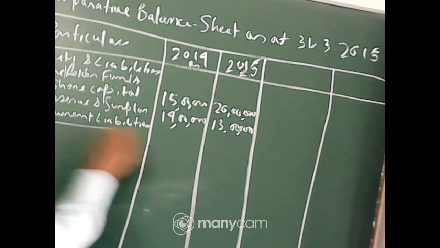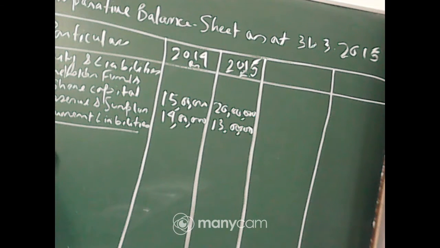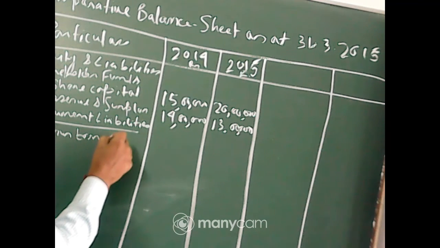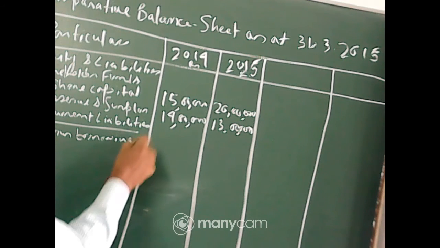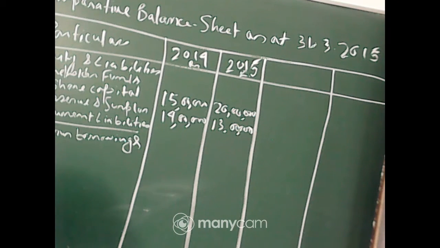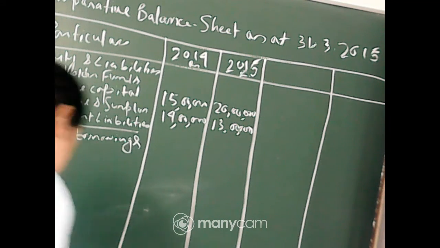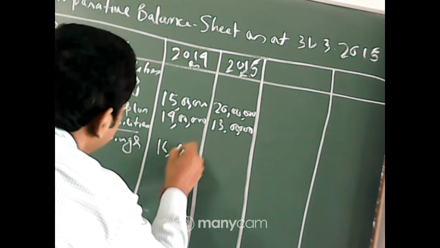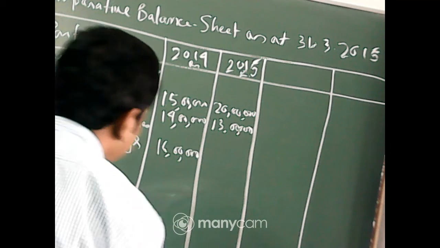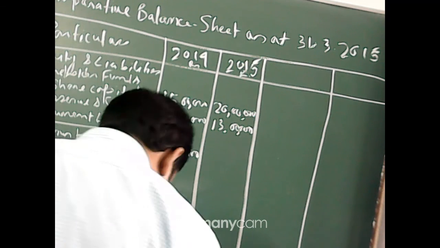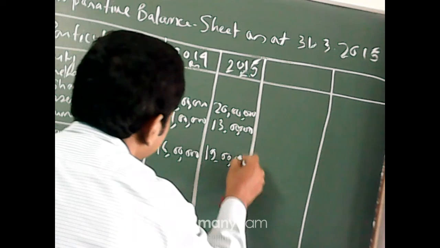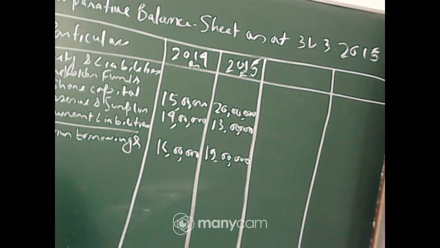Under non-current liabilities, there is long-term borrowings. Long-term borrowings may mean long-term loan or debentures, but there is no note here. So long-term borrowing is first 16 lakh. Always remember, first you write the last year figure, previous year figure, then current year figure, that is 19 lakh.